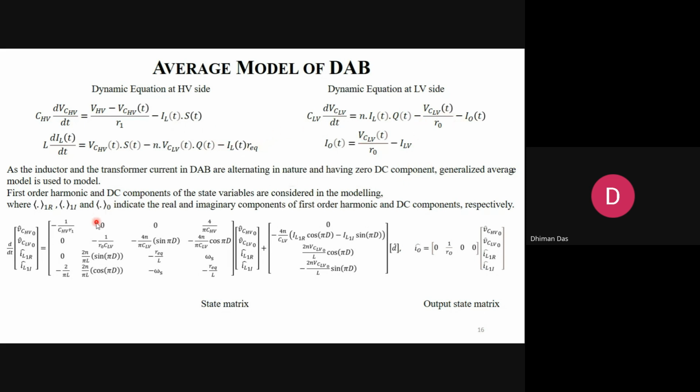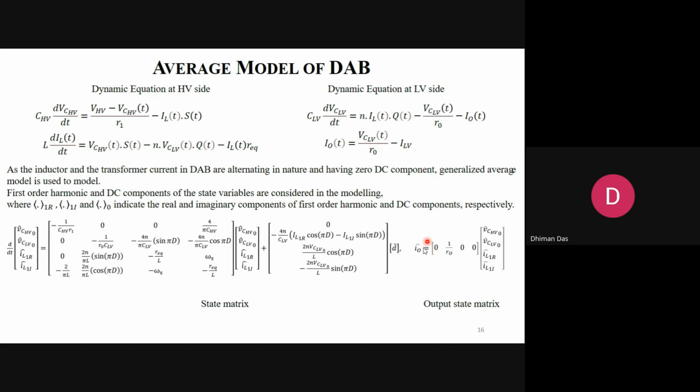So now you are linearizing the switching function with the real and imaginary and DC terms, which is the first order harmonic term. When you do so, you can have a sine and cos because of the real and imaginary parts, and a DC value. Now if you do the mathematical derivation, you can get the state matrix of the converter, where you can assume the voltage across this capacitor is a state, and the current passing through the inductor is another state.